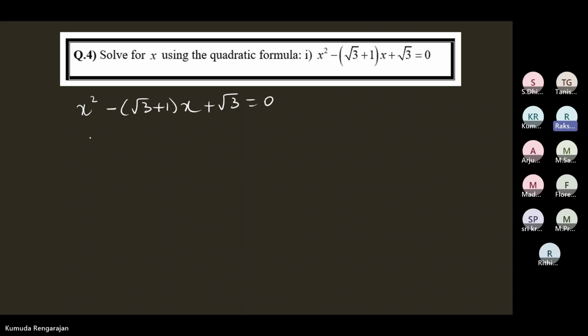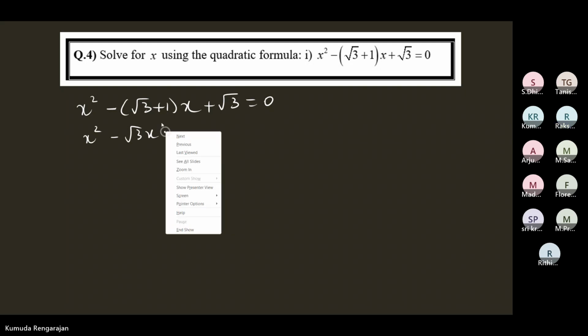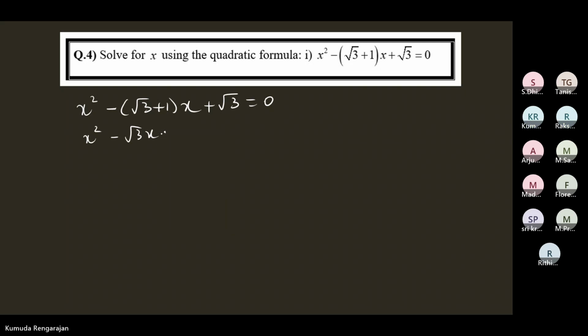Ma'am, we'll first open the brackets. Yeah, tell me the terms. x square minus root 3 x plus x minus root 3 is equal to 0.